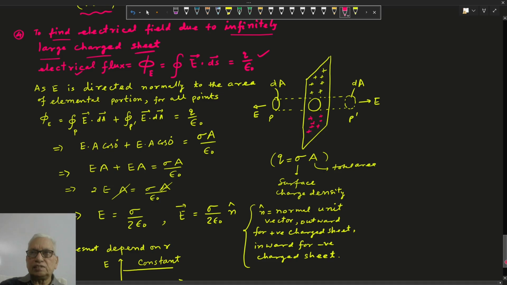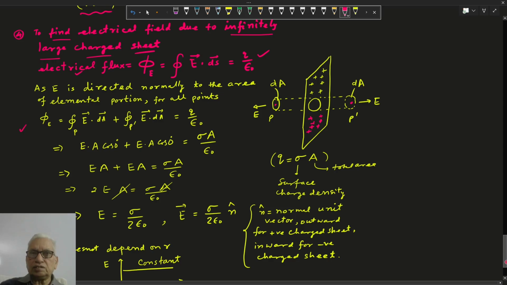Positive charge means the electrical field must be away from the sheet on both sides. We are considering point P and point P dash. This is the disk. If we magnify it, it will behave like a small cylinder. So at point P, the electrical field is away because of positive charge. At point P dash, also towards the right, it is again away from the sheet.